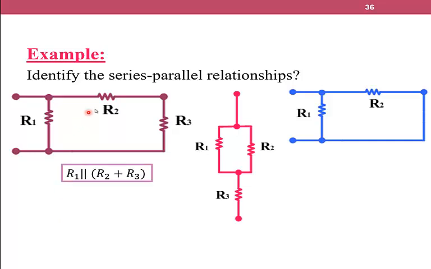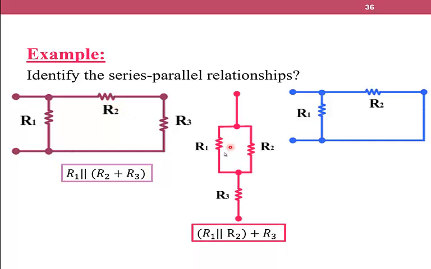For the first circuit, R2 and R3 are connected in series, so we are going to add them, R2 plus R3. And these two are connected in parallel to R1. So R1 is parallel to the equivalent of these two resistors.